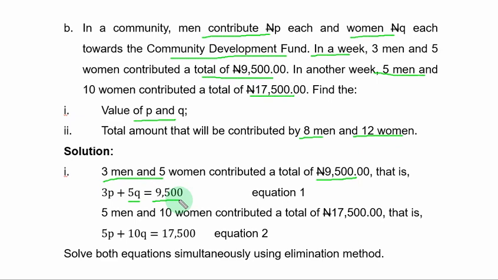From the second statement, 5 men and 10 women contributed a total of 17,500 naira. That simplifies to equation 2. To get P and Q, you need to solve both equations simultaneously using the elimination method.